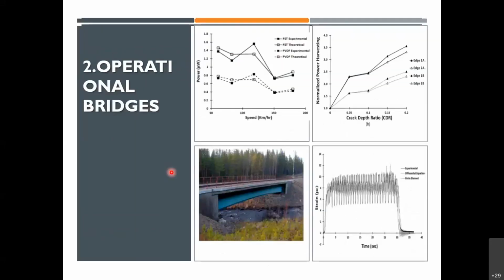What was good was that we looked into the experimental data, and we got the experimental data from a bridge in Sweden, we looked into PZT and PVDF, polyvinylidene fluoride and lead zirconate titanate type harvesters. There was a consistent degradation, or a consistent change, in the power generated versus the trains.